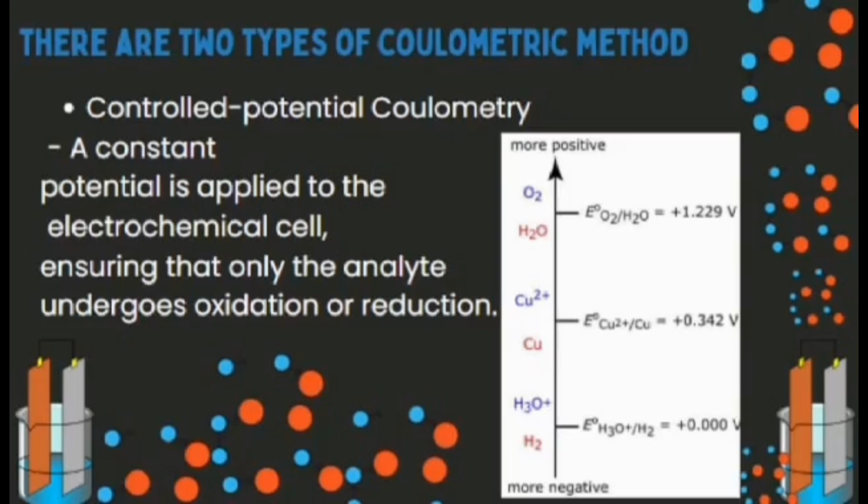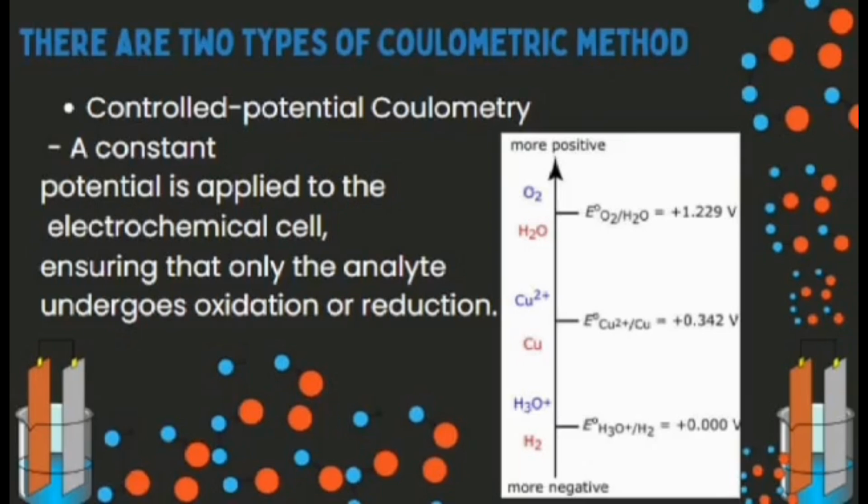We use an integrator to measure the total charge passed during the electrolysis. Again, using Faraday's law, we can calculate the amount of analyte. This method is more selective because only species that can be oxidized or reduced at the applied potential will react. This improves accuracy by minimizing interference from the other substances in the sample.